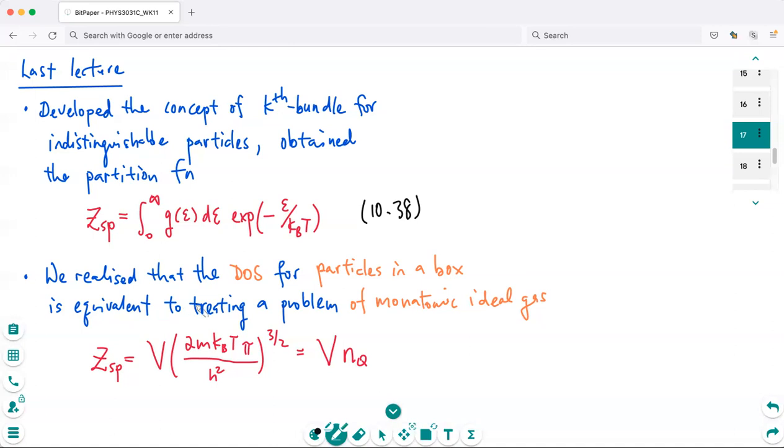So here we take this 10.38 and plug in G of epsilon, which we derived earlier, and then we will try to see whether we can identify some familiar results from our past knowledge of an ideal gas.